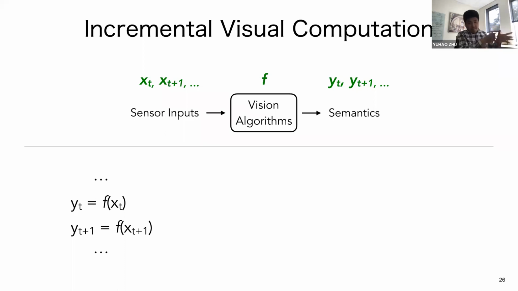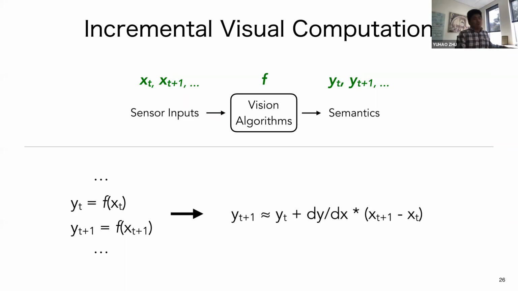So for every frame, you execute this function f. Now, this function f is typically very computationally intensive, right? Let's say you run an object detection neural net, and that's computationally intensive, and that's ideally what we want to optimize. So our idea is to rewrite those equations in a slightly different form.